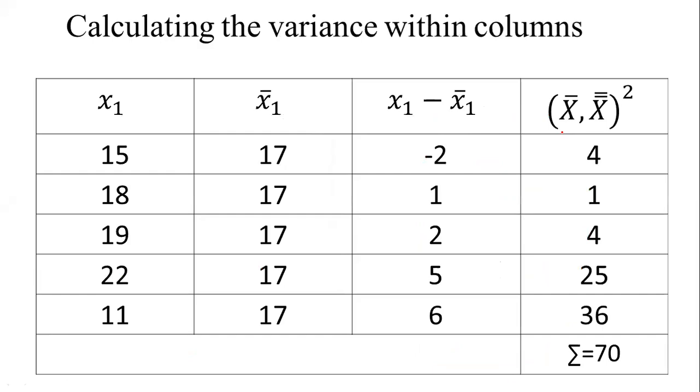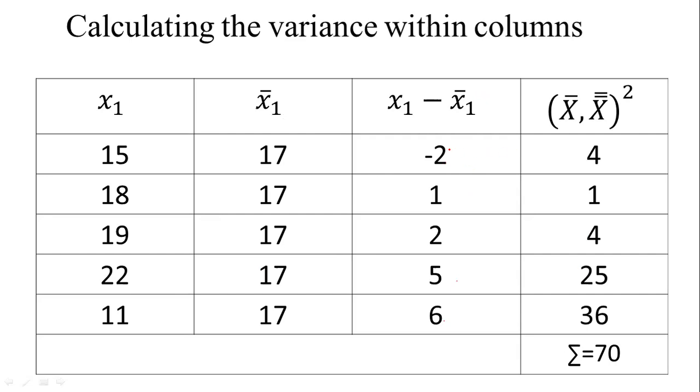Now, you see what I'm doing with method 1? I'm taking 15 minus 17, 18 minus 17, 19 minus 17, 22 minus 17, and 11 minus 17. I'm getting negative 2 in the first one, 1 in the second, 2 in the third, 5 in the fourth, and negative 6. What I'm going to do now is square this difference.